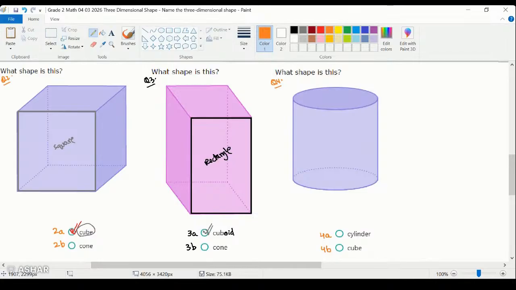What is the answer? You didn't say anything, right? Focus. Thank you, Michael. It is a cylinder, right? That would be 4A. Okay. So that is 4A, right?